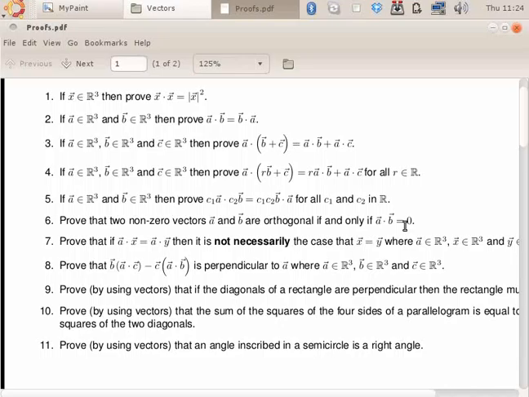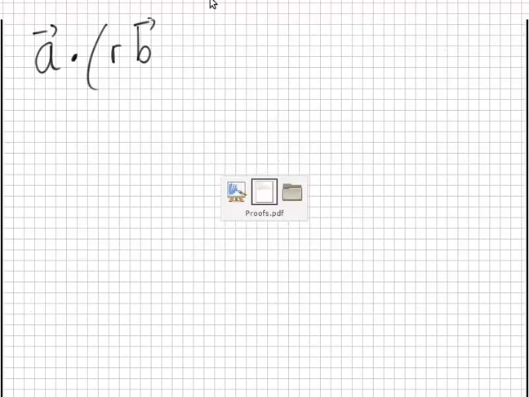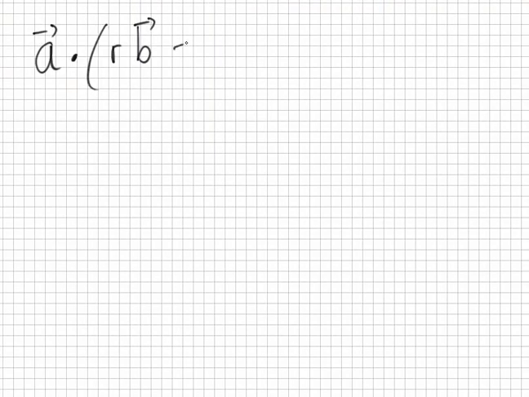You have to prove the same thing, except there's just a constant multiplying the B. So what I need you to show for this one is that A dot, constant times B plus C, equals constant times A dot B plus C. That's what I need to show.